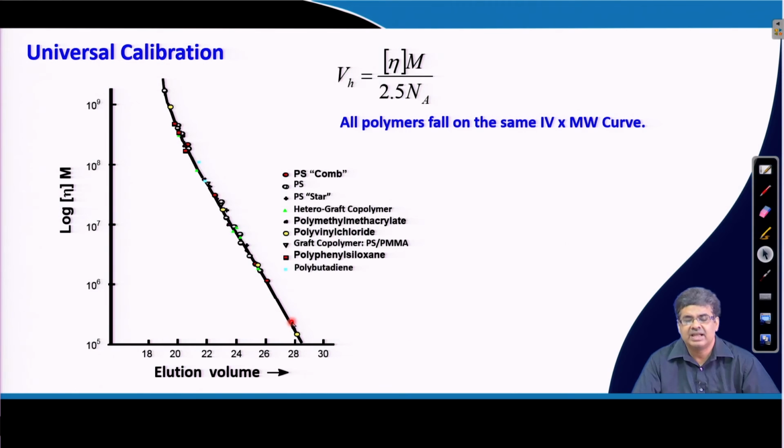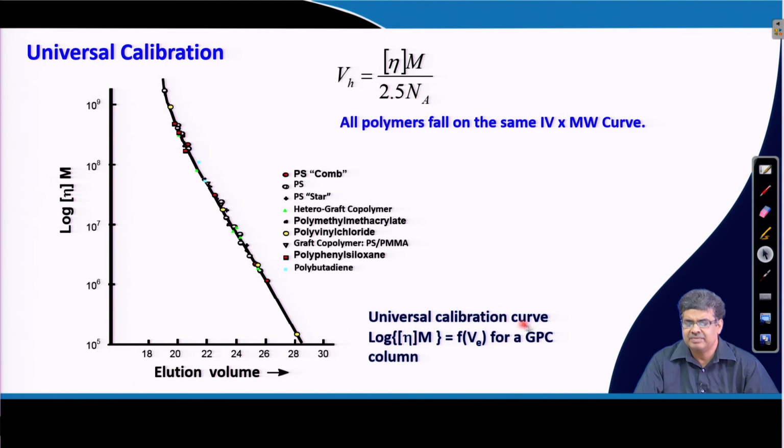So, we can use this universal calibration to find more accurate molecular weight, but in that case we need the intrinsic viscosity number for each slice. For that we need an online viscometer, which will determine the intrinsic viscosity for all the samples. So, in the universal calibration curve, log of this term is a function of elution volume for a particular GPC column.